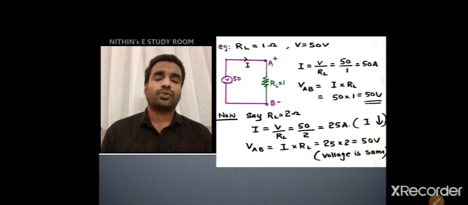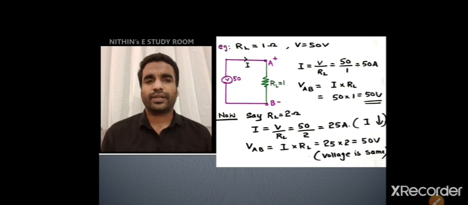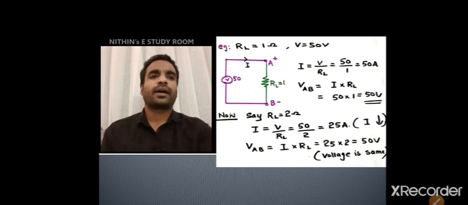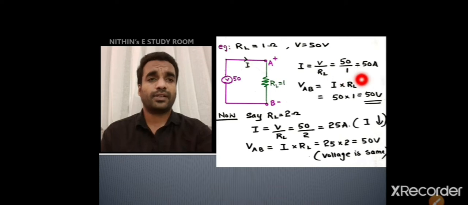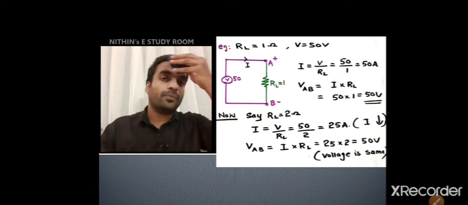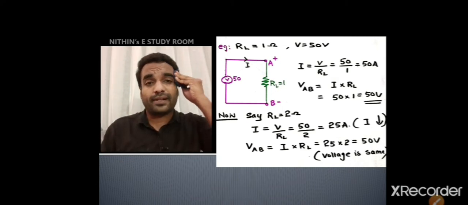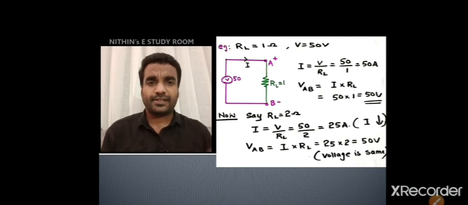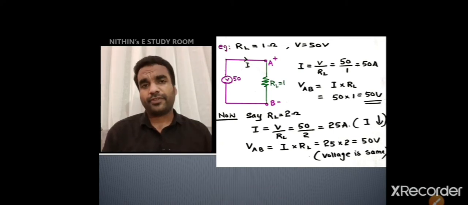From Ohm's law, V is equal to IR, I is equal to V by R. Here we have only one resistance, so no need to calculate equivalent resistance. So the total resistance of the circuit is just that 1 ohm. So I is equal to V by RL, that is 50 by 1, equal to 50 ampere. So the current coming out of the battery is 50 ampere.